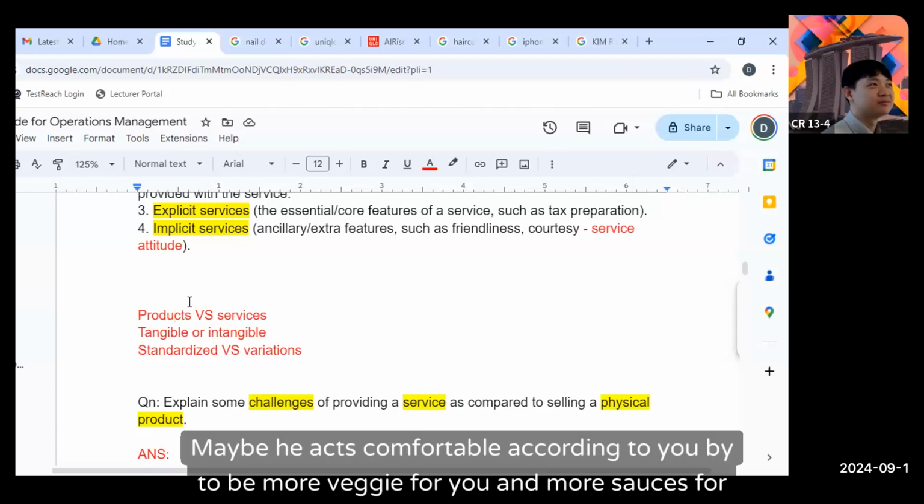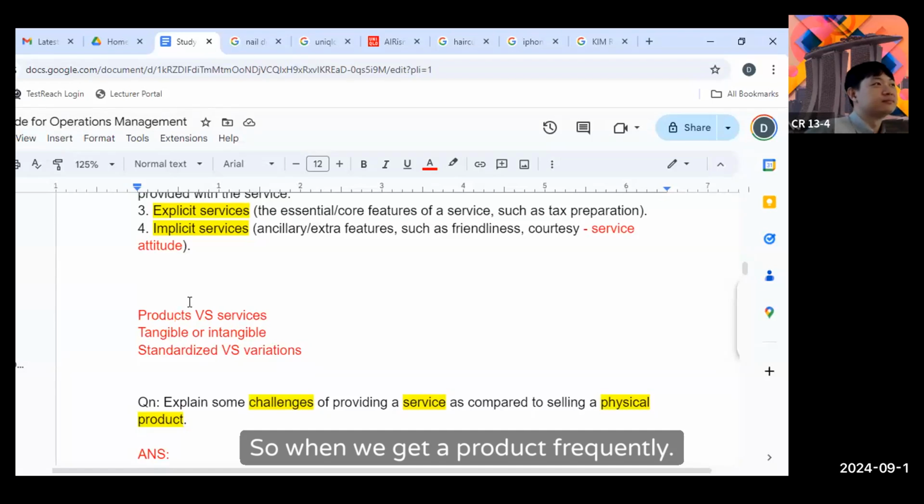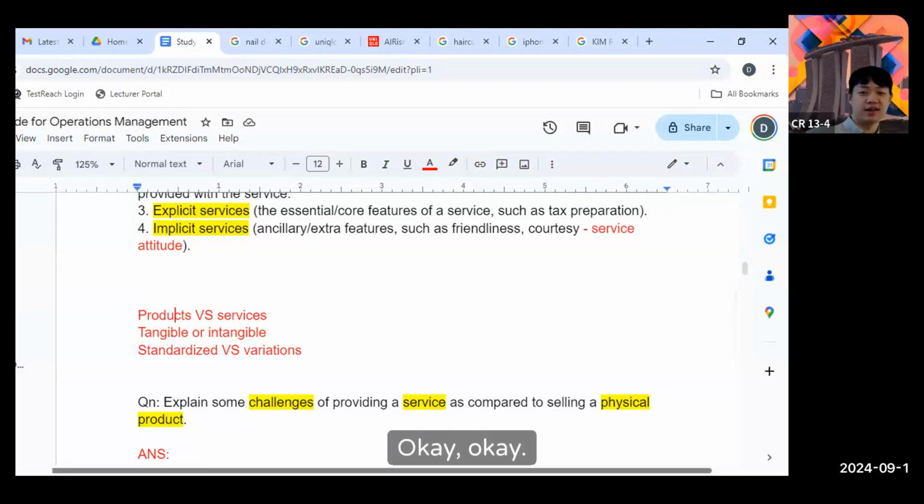Maybe he acts comfortable according to you by keeping more veggies and more sauces for you. So it is a preference. When we get a service frequently, the point of contact increases, and this is the major difference between product and service. Okay, Ken, thank you.